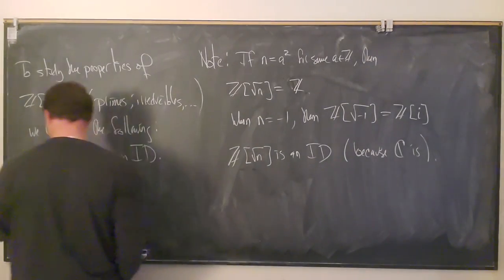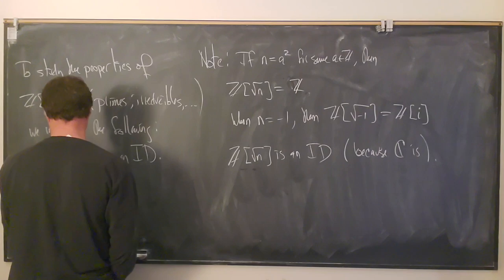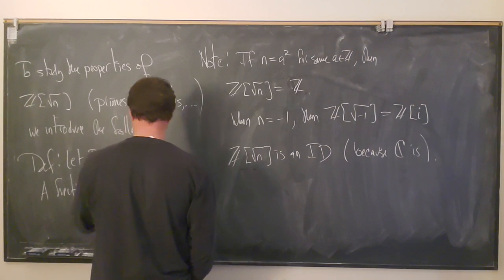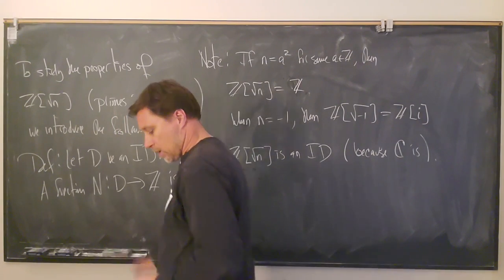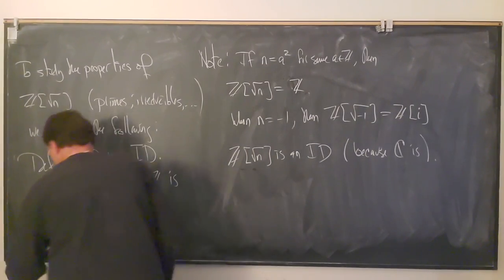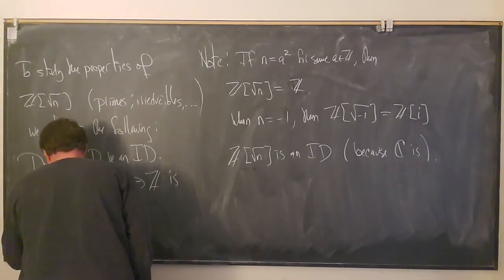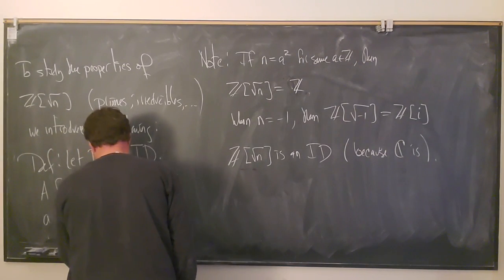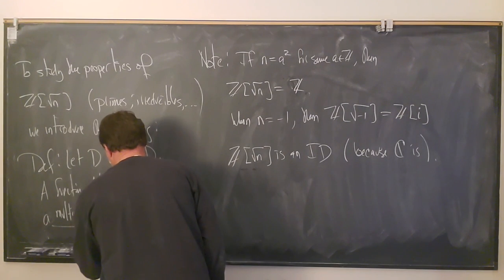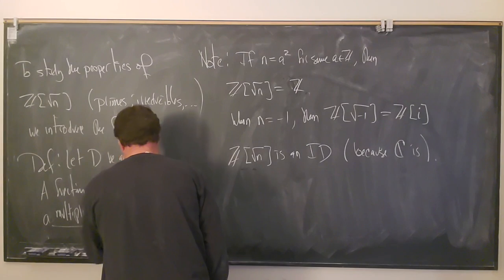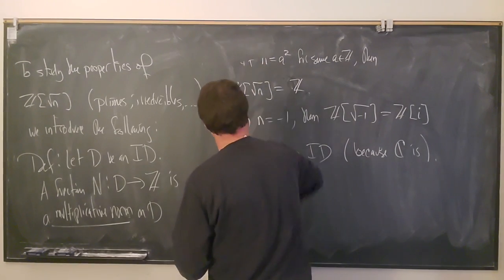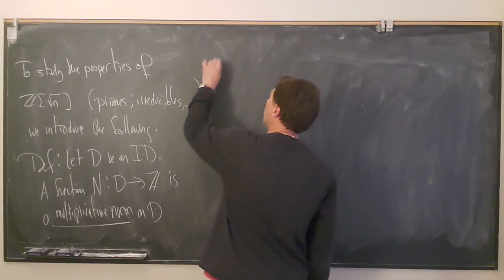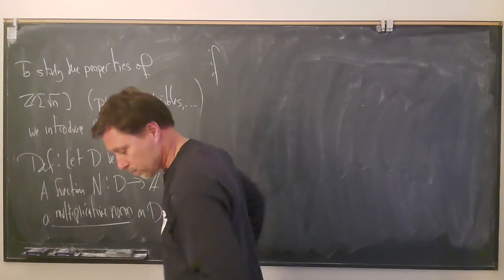A function, which we're going to write with a capital N, from D to the integers is a multiplicative norm on D if two properties hold.